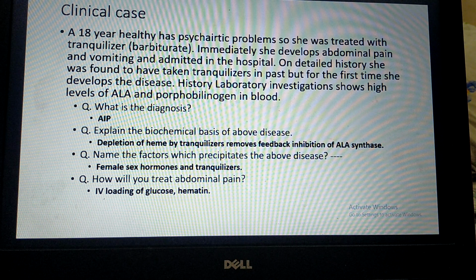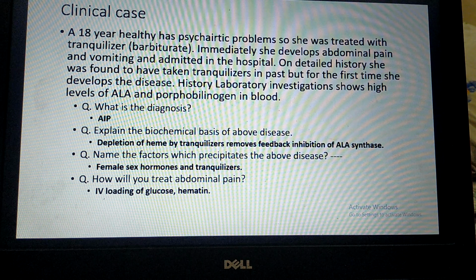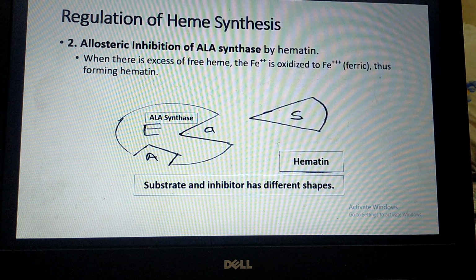Now this hematine, how does this hematine relieve the pain? During the regulation I have told you that hematine is nothing but the free heme in which ferrous iron is oxidized to ferric iron, and that is called hematine. Now hematine is an allosteric inhibitor of ALA synthase.